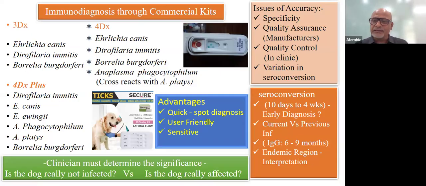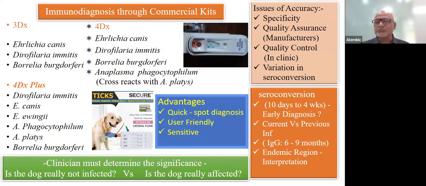The reason is that in these techniques, IgM class antibodies are detected, and IgM class antibodies indicate active infection or the presence of organisms in the body, right? Because those are early antibodies, and that is why these tests are really very good. Now, these facilities can be availed only in areas where there are veterinary institutes, like veterinary colleges or veterinary research centers. There you can have this kind of facilities. But otherwise, you don't get these facilities.